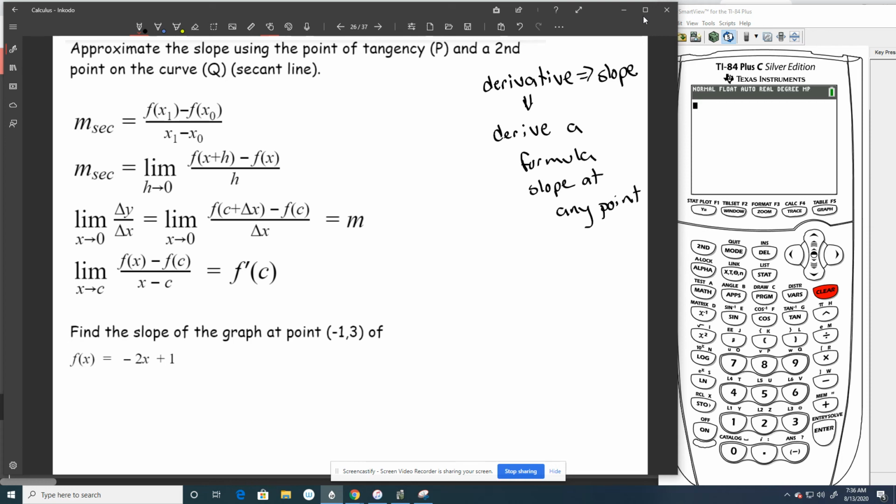So earlier in the class, we were looking at the slope of our secant line, and we were using that to help us find the slope at a specific point. Now what we want to do is take that same formula, and we saw this one earlier, and use it to help us derive another formula.